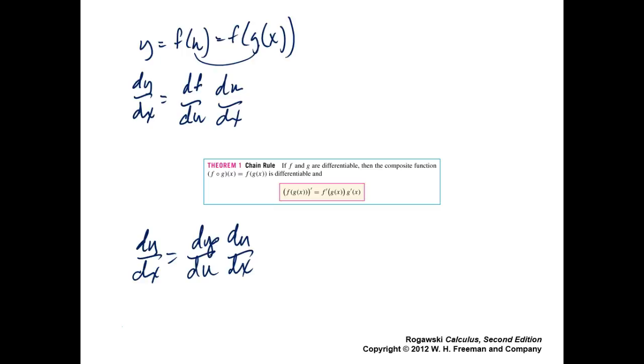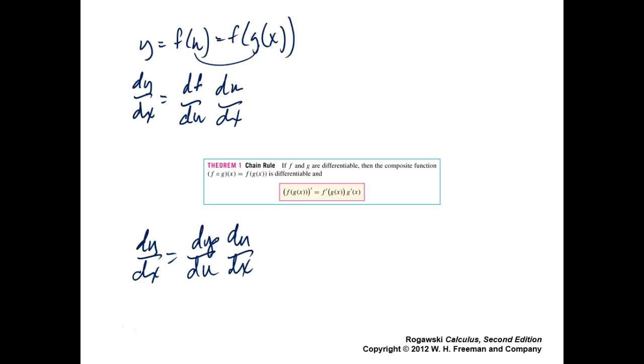You just have an intermediate variable in there in between the y and the x. That's the u variable, the g function, okay? And you just put that in between. You first take the derivative with respect to the u, which is the g function, then take the derivative of that u, or the g function, with respect to x. And sure enough, that's how you march along.